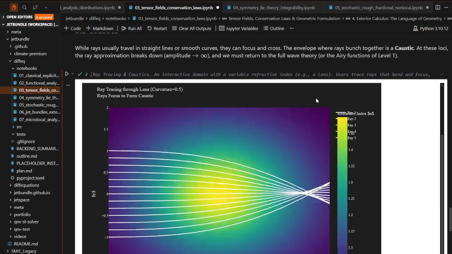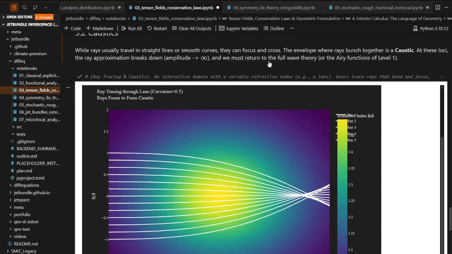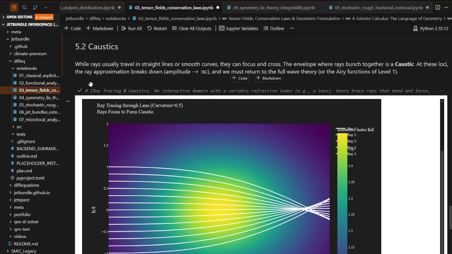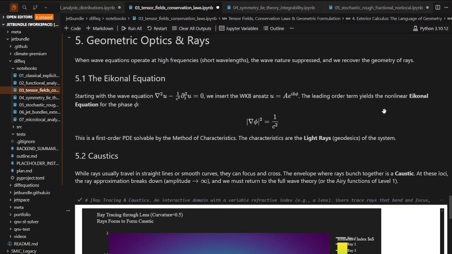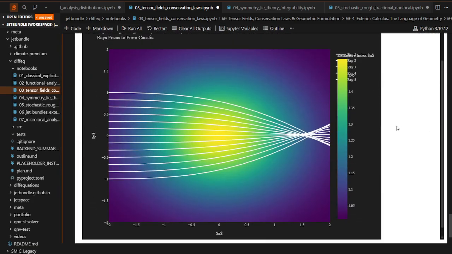And so we'll try to visualize this, where again, at these loci, the ray approximation breaks down. We have amplitudes that blow up to infinity, so we have to return to the full wave theory, or the Airy functions of the first episode.